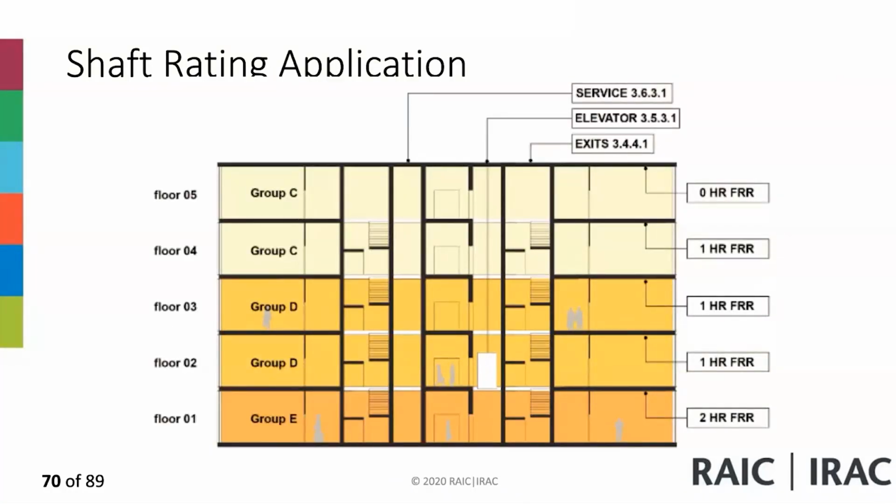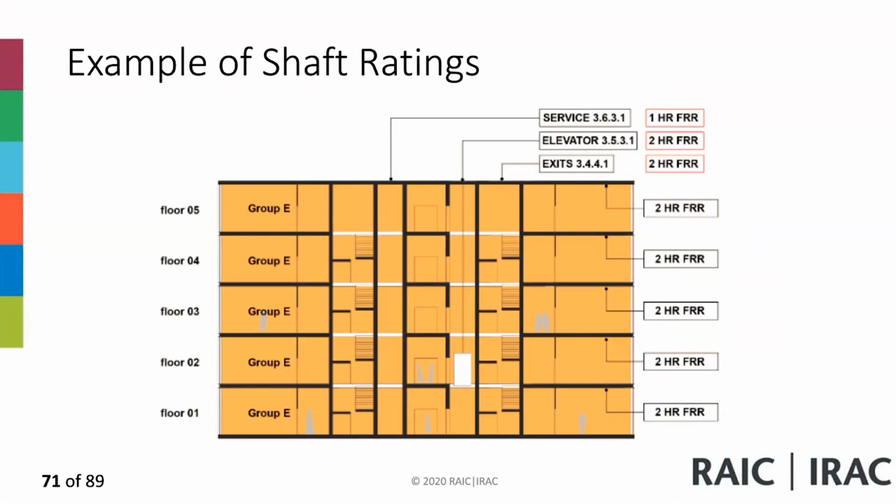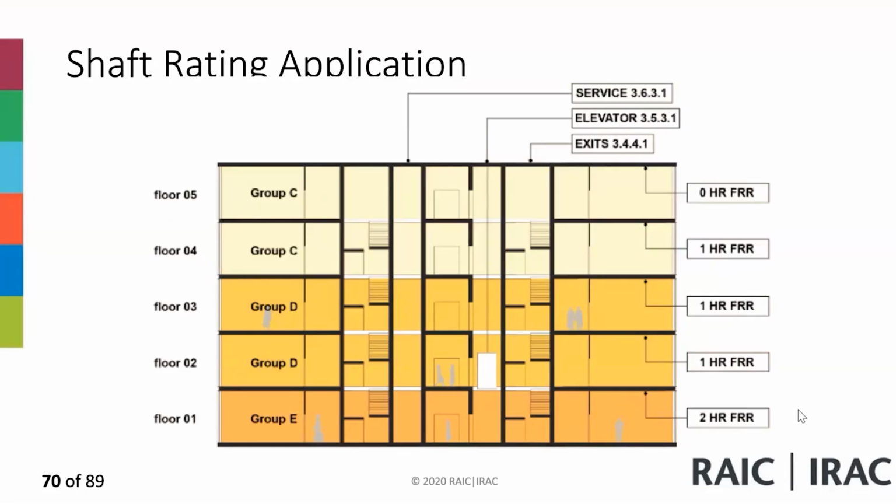In this one, we go through this in terms of the rating. We have the fire rating of the floor assemblies, and we have the floor ratings here. So I've got a 2-hour floor here, so I know my exits are 2 hours.